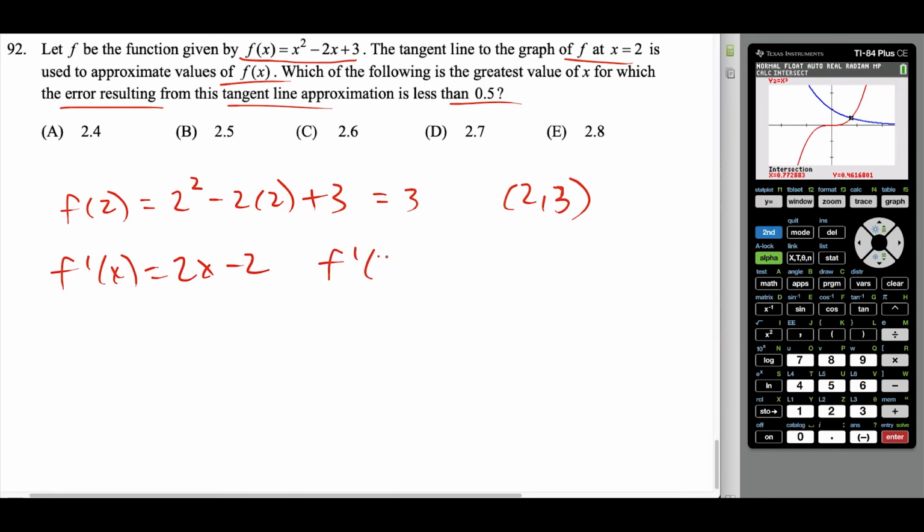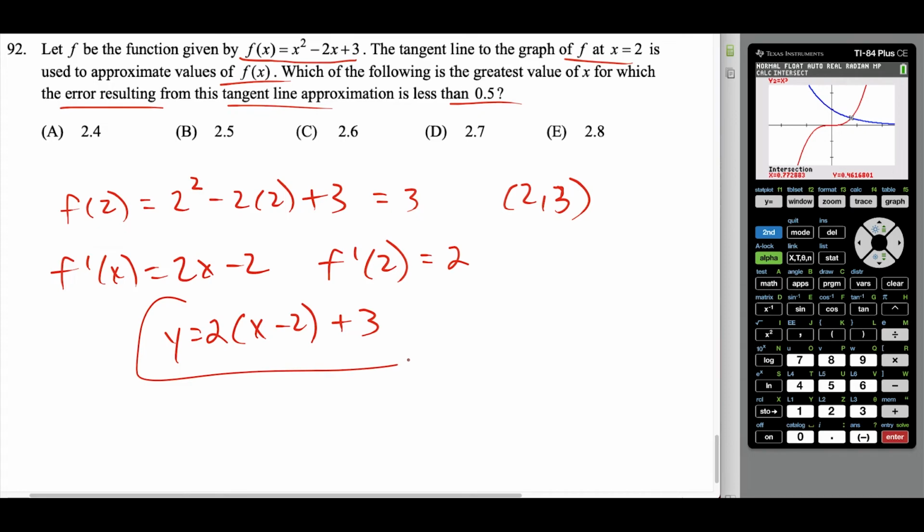So I need to know what my slope is at x equals 2. If I do 2 times 2 minus 2, that's going to equal 2. So my tangent line here is going to be 2 times x minus 2 plus 3. I'm just writing the equation of a line that has this slope of 2 going through the point 2, 3.